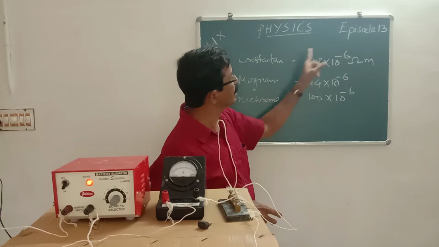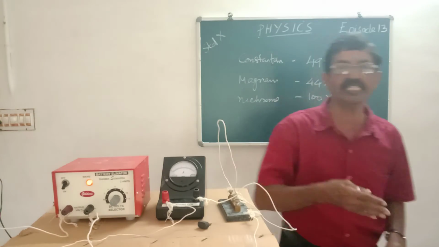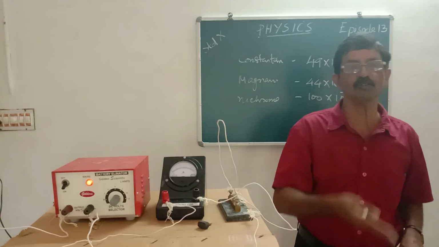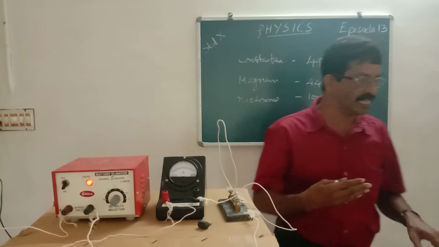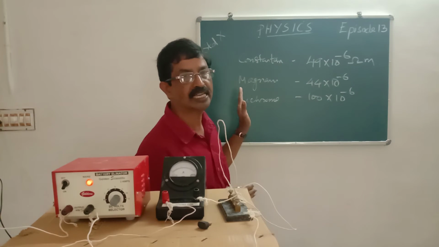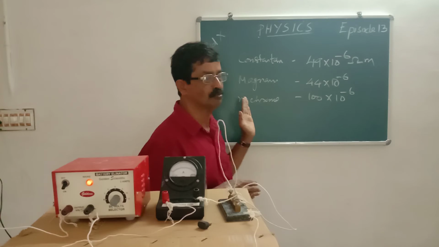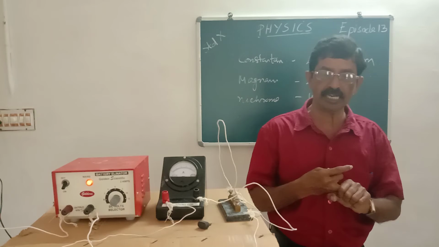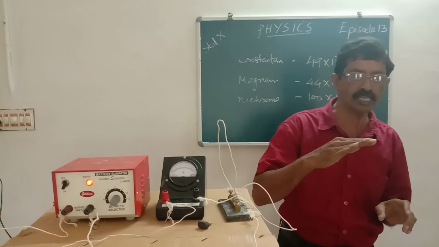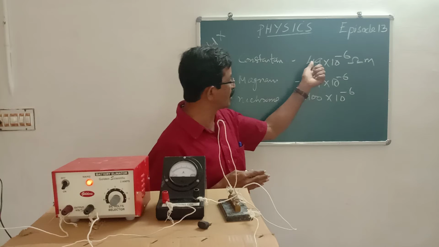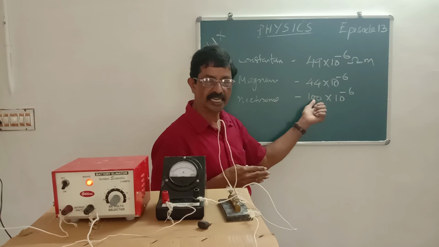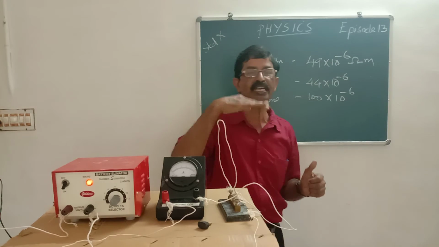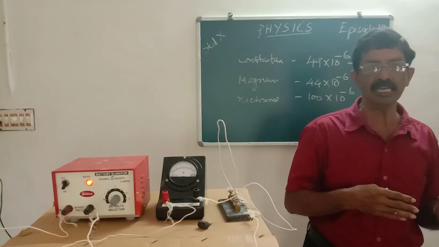Hence, these do not oxidize at high temperature as compared to metals. Hence, these alloys are used for making heating coils in electric irons and also toasters, etc. Why are these alloys used? Their resistivity is higher compared to metals, and they do not oxidize at a high temperature when we compare with the metals.